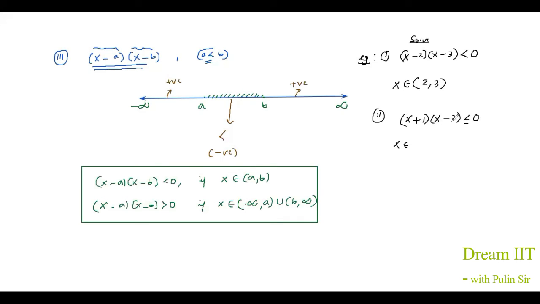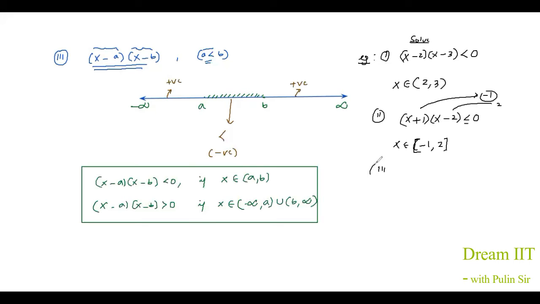Minus 1, and the bigger one will be 2. I am talking about the zeros, the zeros are to be considered. One is minus 1 and the other is 2, and minus 1 is the smaller one, so the smaller one should always be on the left side. So this value will give you what? I need the closed interval, because 0 has been asked. So your values are between these.